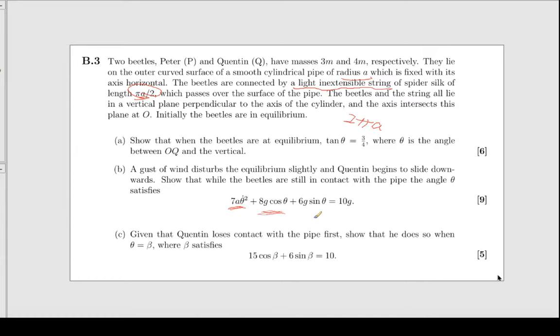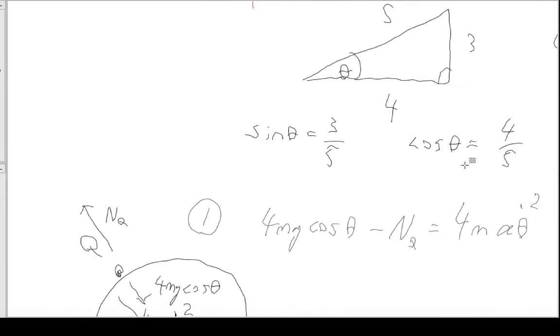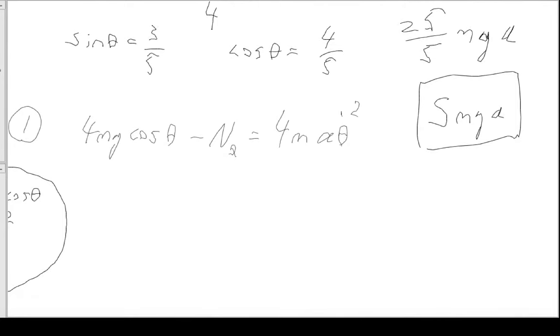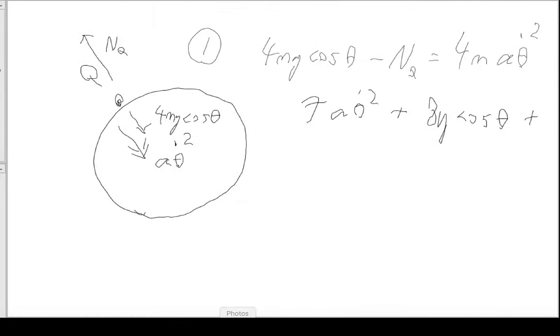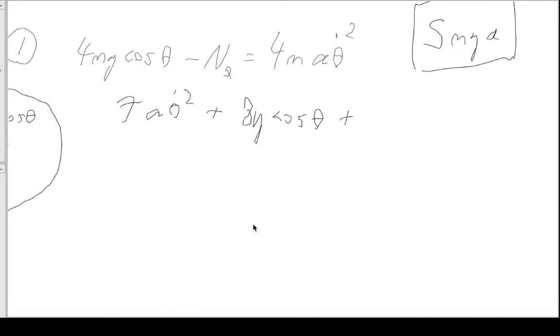So that's 7a theta dot squared plus 8g cos theta plus 6g sin theta equals 10g.